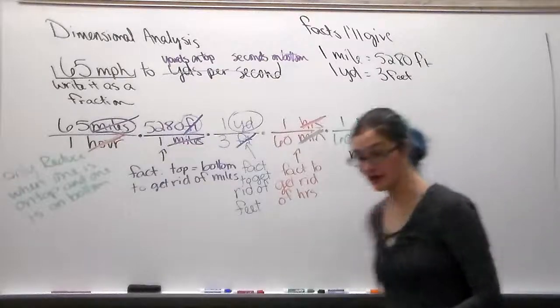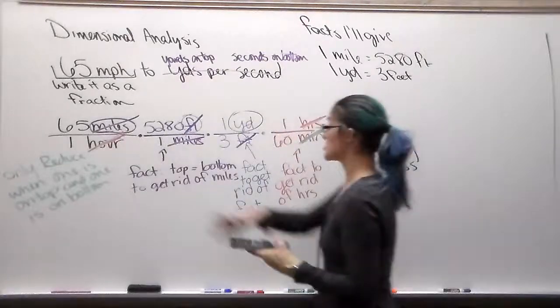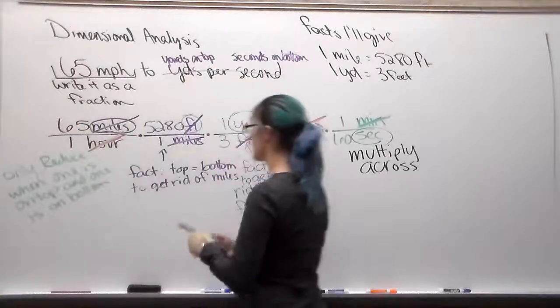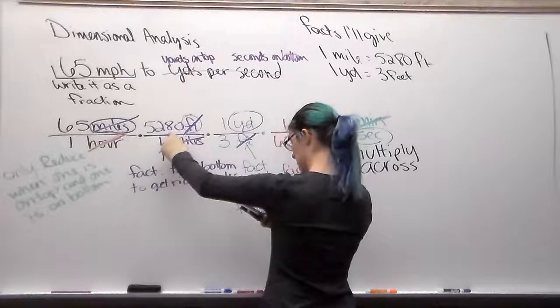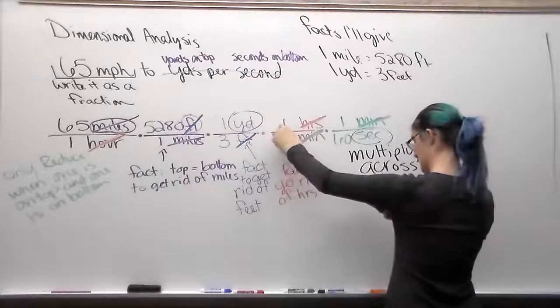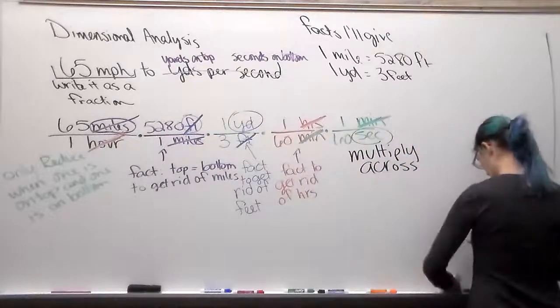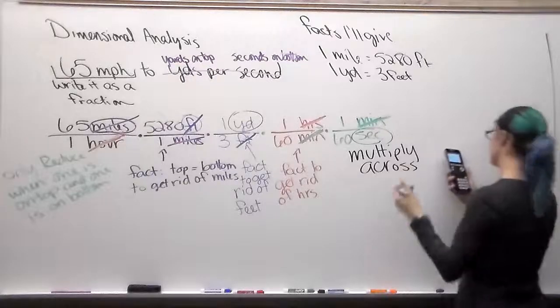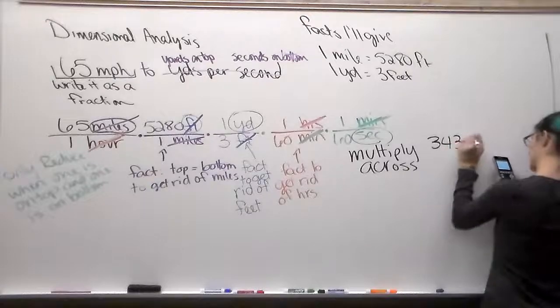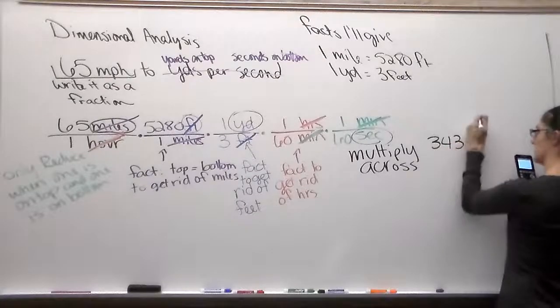So in your calculator, we're going to start at the top. We have 65 times 5280 times 1 times 1 times 1 gives us 343,200.